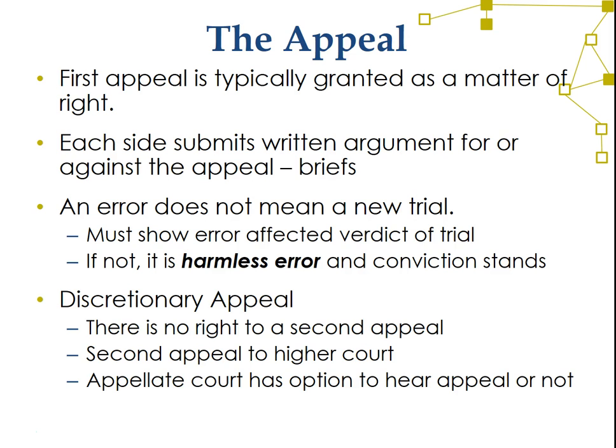And it's not unusual for the appellant to successfully establish that an error has occurred in the trial court, but still lose the appeal. So an error doesn't automatically mean a new trial.